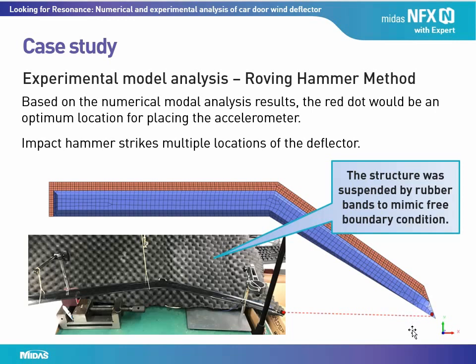In contrast, the impact hammer strikes multiple locations of the body. This is namely the roving hammer method. The test setup can be seen in this graph. The structure was suspended by rubber bands to mimic free boundary condition.